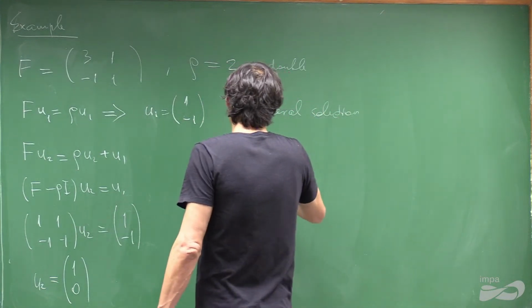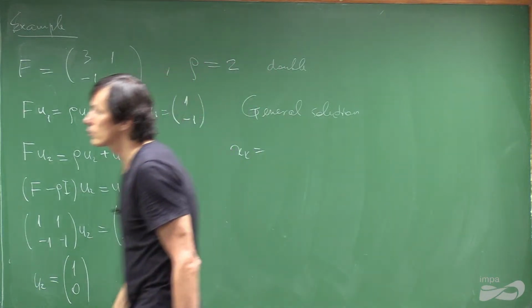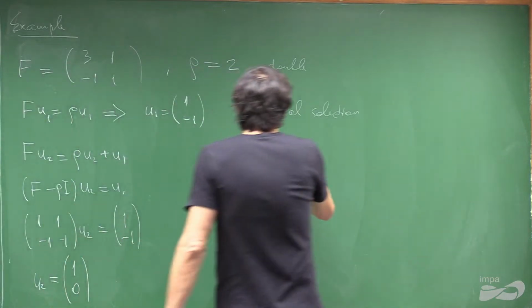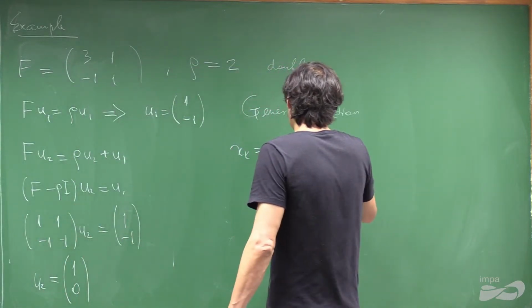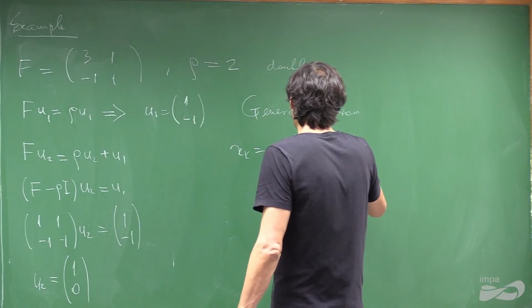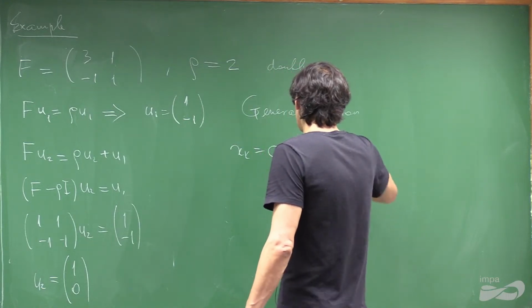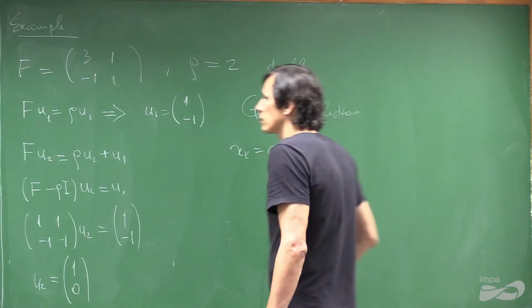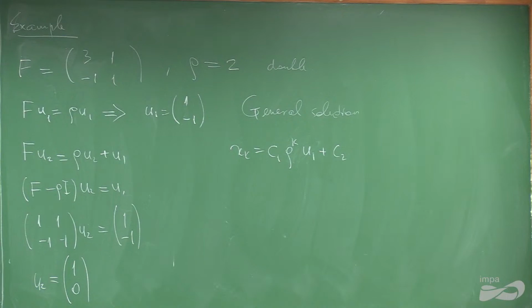So then that means that the general solution is constructed as the first one with an arbitrary coefficient, so a linear combination of the first one. Let's write e^(rho k) u1 plus an arbitrary coefficient by the second one.